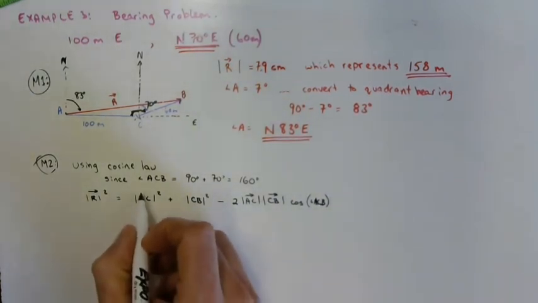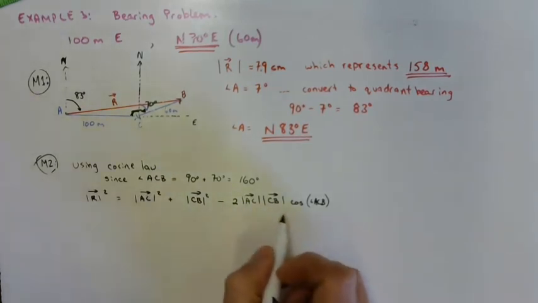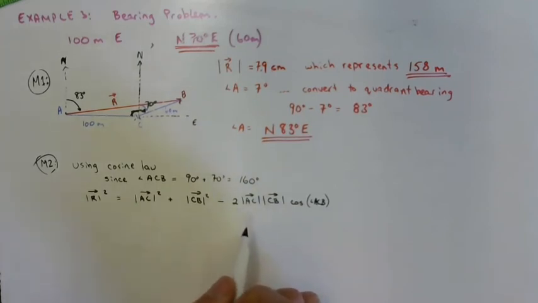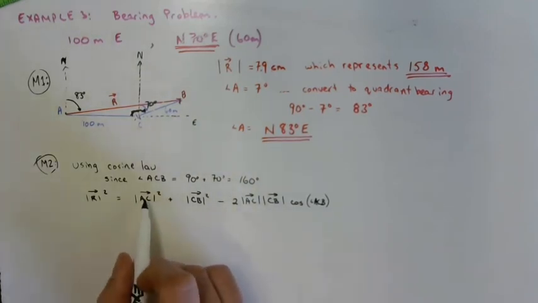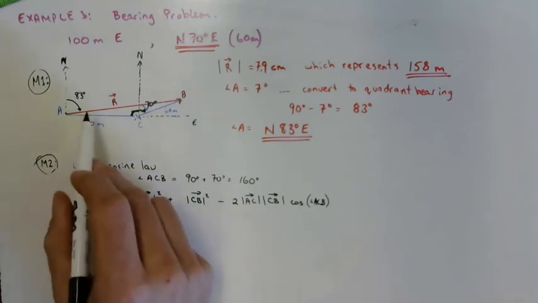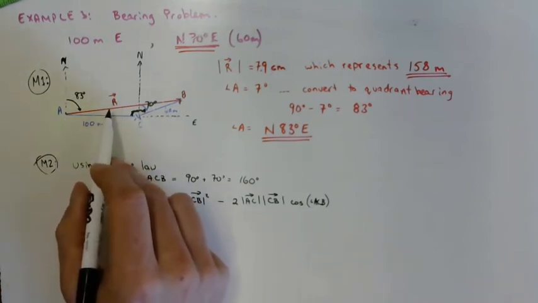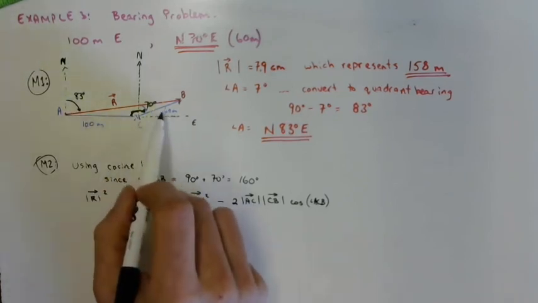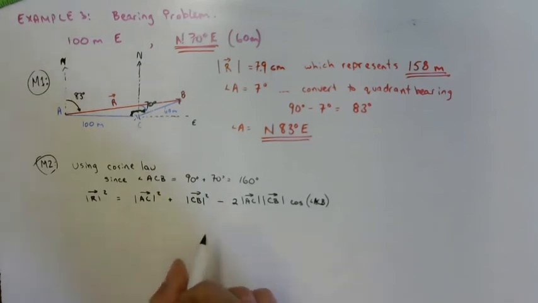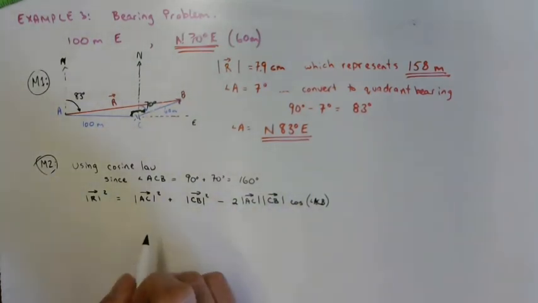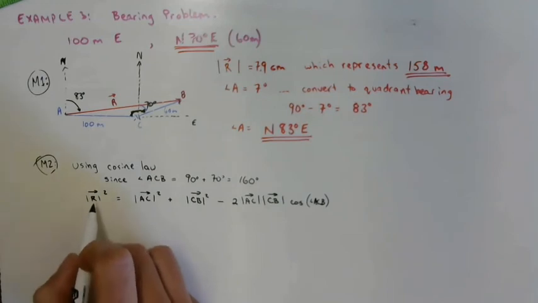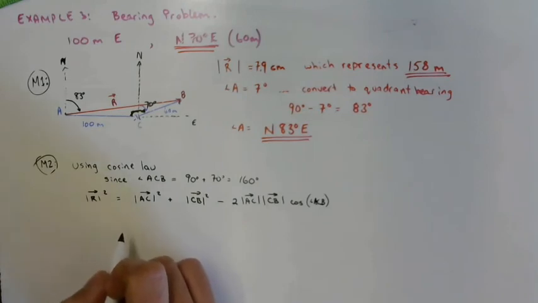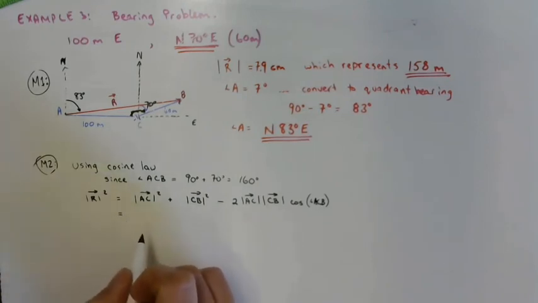Okay, this looks fairly messy. I'm remembering all my arrows here, but it's just cosine law with the lengths of the triangle. If you really wanted to name the vectors, you could name them after the opposite angles in certain situations. But in this case, this way of naming it is most convenient. We could have called this vector AB to be consistent, but we're using R because that means resultant vector.